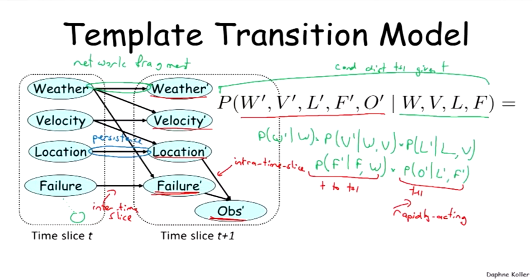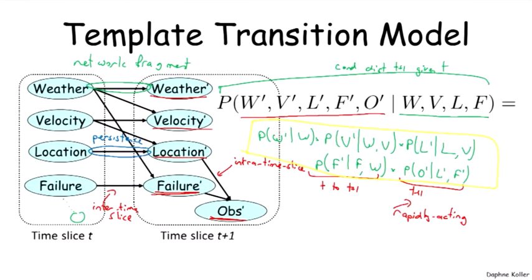Finally, let's just go back and look at the parameterization that we have in this model. So what CPDs did we actually need to include in this model? And we can see that we have CPDs for the variables on the right-hand side, the prime variables, but there's no CPDs for the variables that are unprimed, the variables on the left.